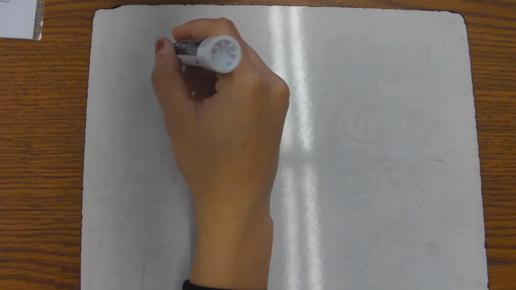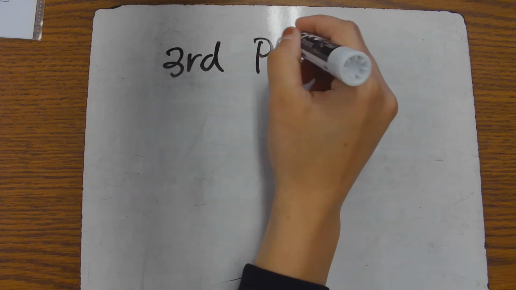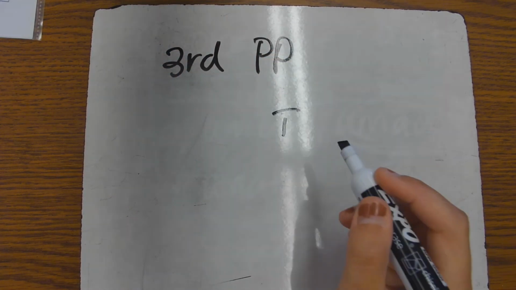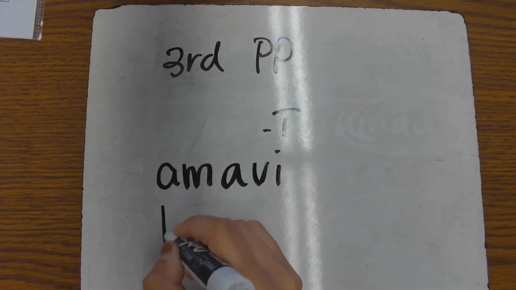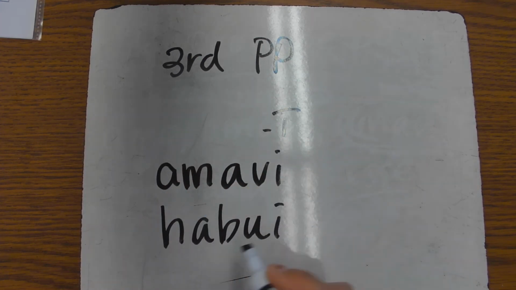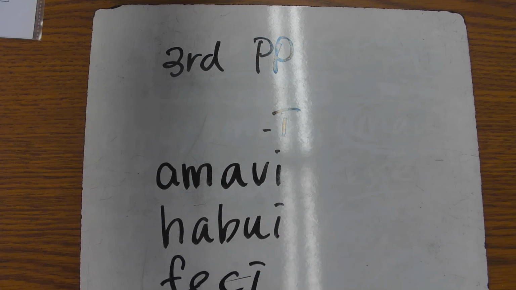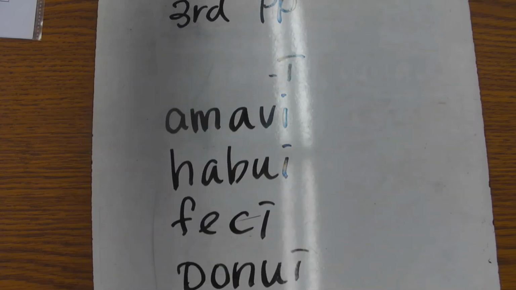Okay, so how you form or put a verb into the perfect, pluperfect, or future perfect tense. You're going to take that third principal part, the one that ends in the I, so it might be amavi, it might be habui, it might be feci, it might be posui.